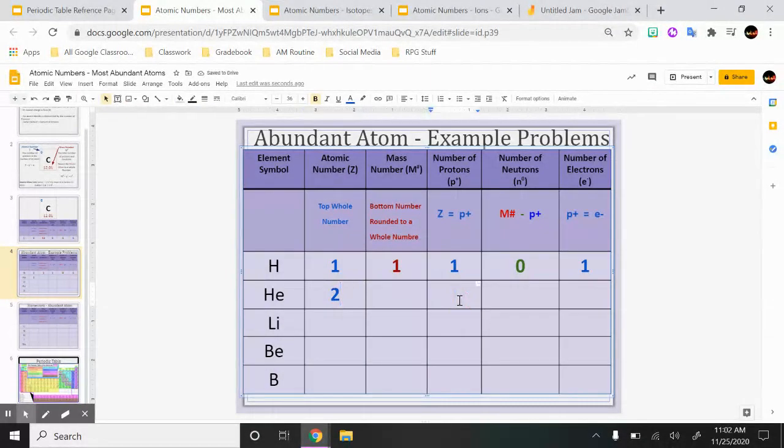My protons are going to be equal to my atomic number, so that will also be 2. And because we have a neutral atom, the electrons and protons will be equal. Our mass was 4.00, so we can round that down to 4. And to find my neutrons, I do mass minus protons equals 2 neutrons.